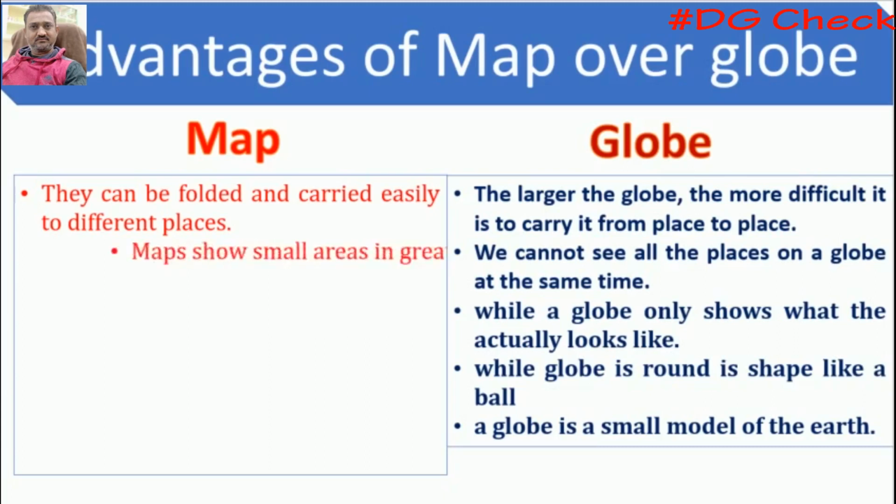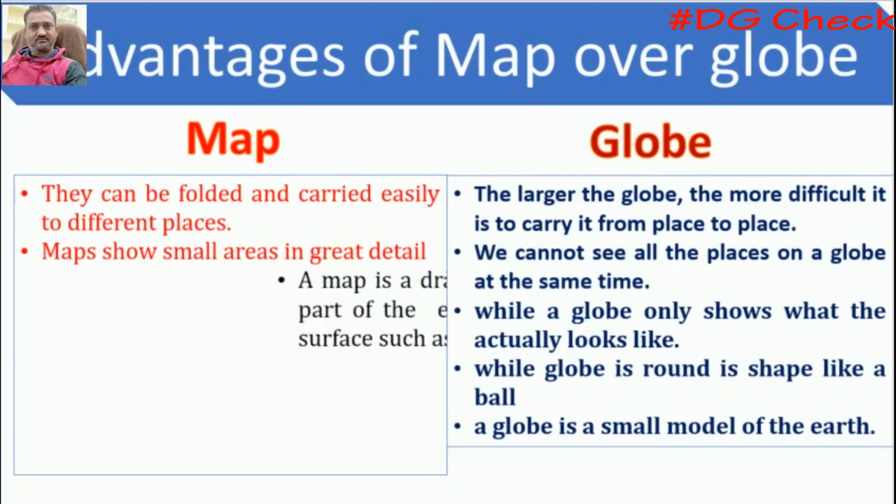Likewise, maps show small areas in great detail. In a globe, we can't see all the places at the same time. You know the definition of map.